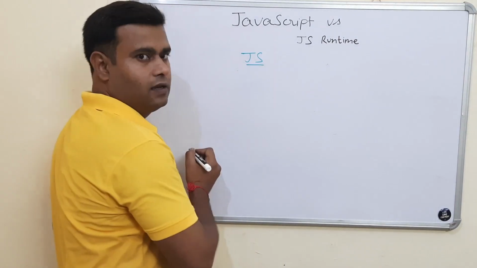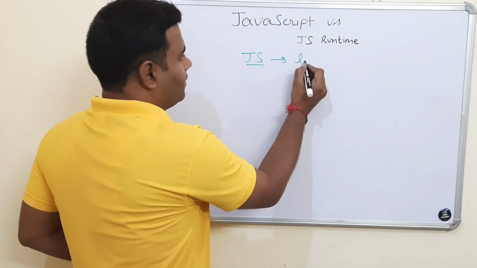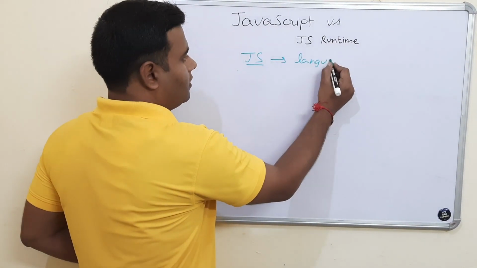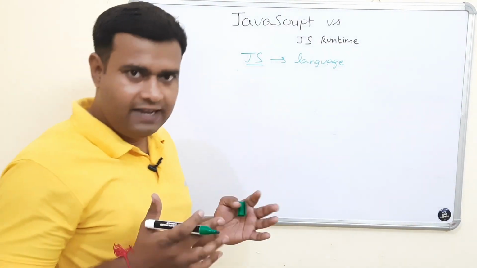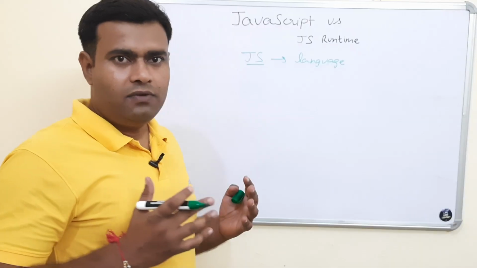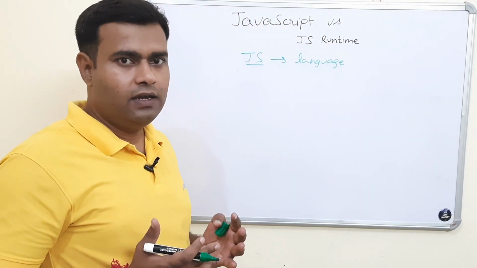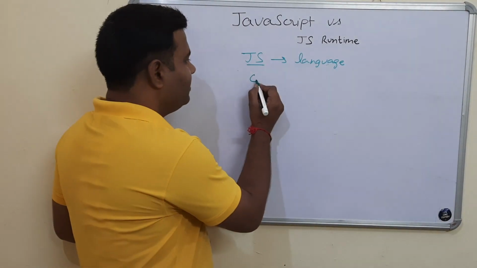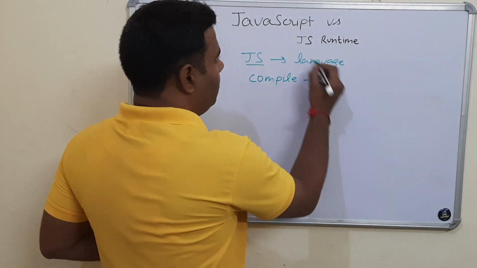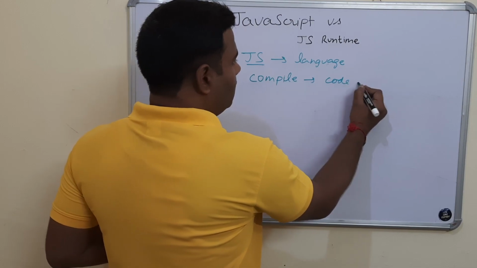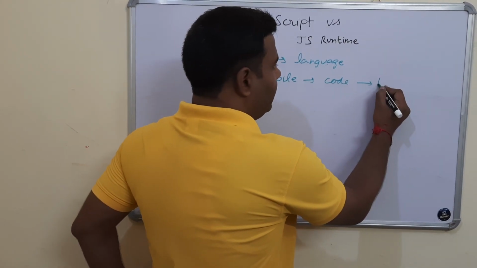JavaScript. It is a language, right? Now in computer science, in high level languages I'm talking, there are a few languages which are compiled. That means compiled languages are turned from the code to byte code.